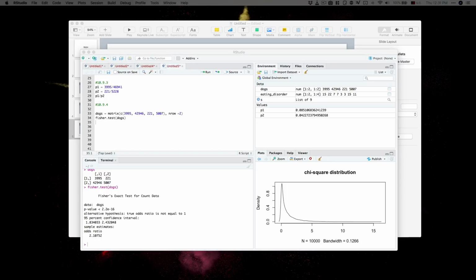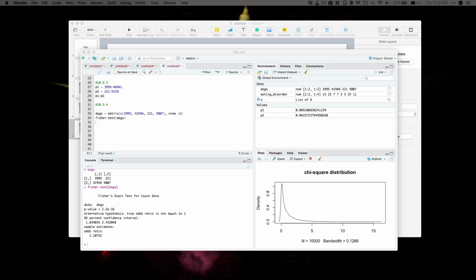And in terms of part C, we can say something like: we are 95% confident that the odds of hip dysplasia for golden retrievers are between 1.84 and 2.43 times greater than the odds of hip dysplasia for border collies. Remember, this statement has to be about odds. It is not about probabilities.